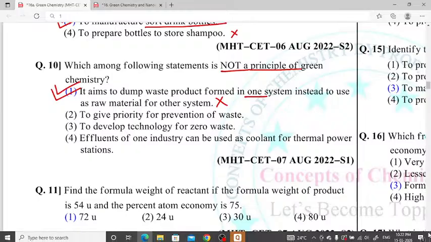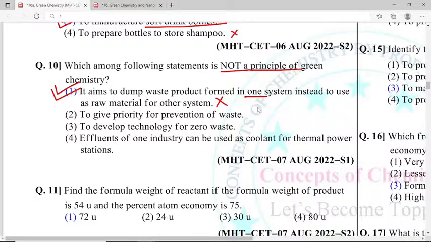To give priority to prevention of waste, yes. To develop technology for zero waste, yes, correct. Effluent of one industry can be used as a coolant for a thermal power station, yes, correct. So number one, it aims to dump waste product formed in one system instead of using it as raw material for another system, is not a principle of green chemistry.